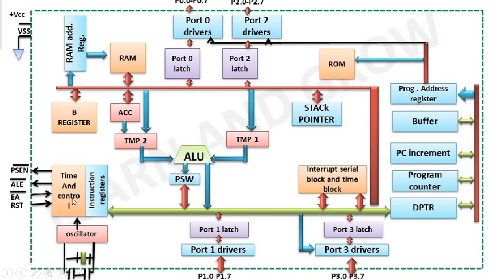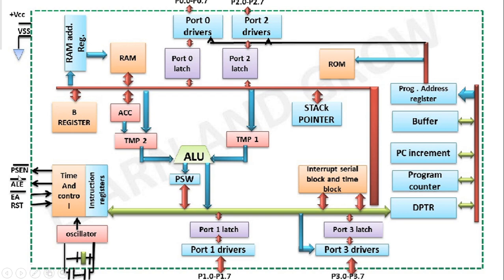This timing and control unit can control and manage the timing and control activity of the entire system. And this timing management and synchronization activities are based on the clock pulses provided through this oscillator.